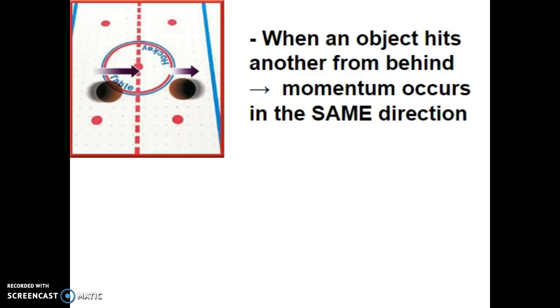Take the air hockey table. If you have the puck, you hit it with your paddle, and the puck goes across the table because you're hitting it with that momentum and it's transferring to the puck to go across the table in the same direction that you were hitting the puck.